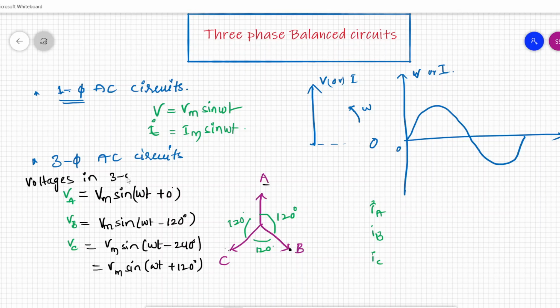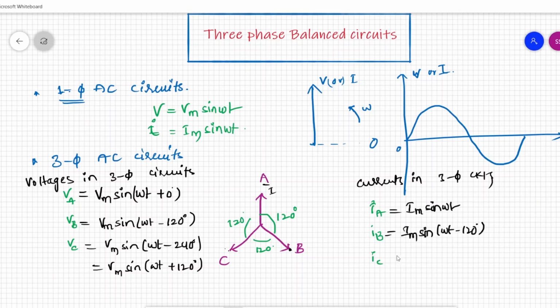Now let us discuss currents in three phase circuits. Let us assume these are the current phases. Ia will be Im sine omega t, Ib will be Im sine omega t minus 120 degrees, and Ic will be Im sine omega t minus 240 degrees, or it can also be written as Im sine omega t plus 120 degrees.